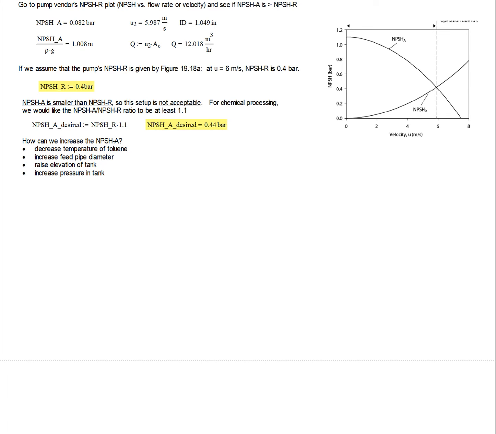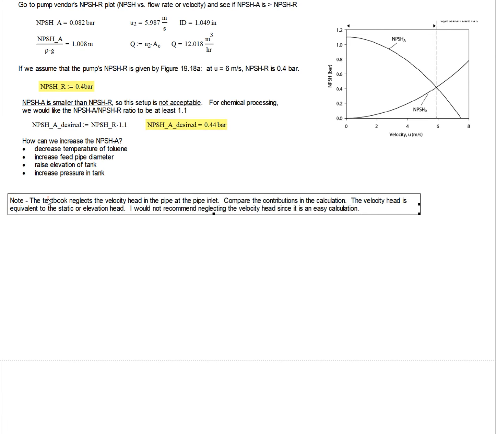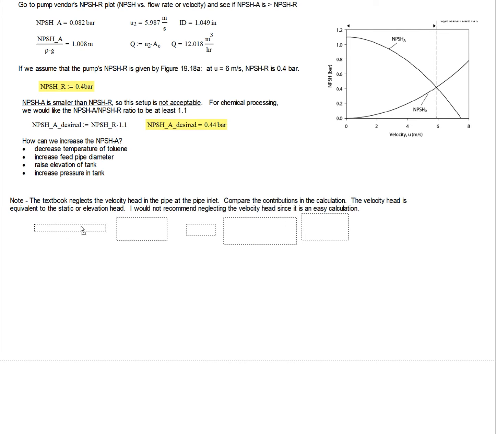One of the things that I want to note is that this problem comes from the textbook of Turton et al. 2018. And there are a couple things in there that I want to bring up that the textbook does not take into account when they solve this problem. So this is extra, but in the solution to the textbook, they neglect the velocity head at the pipe inlet, and I don't agree with that.